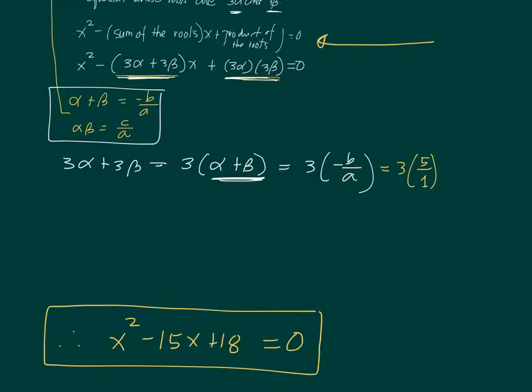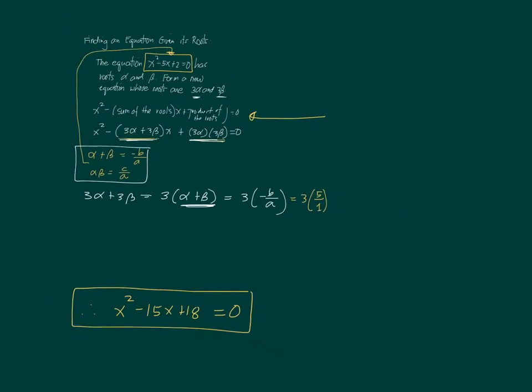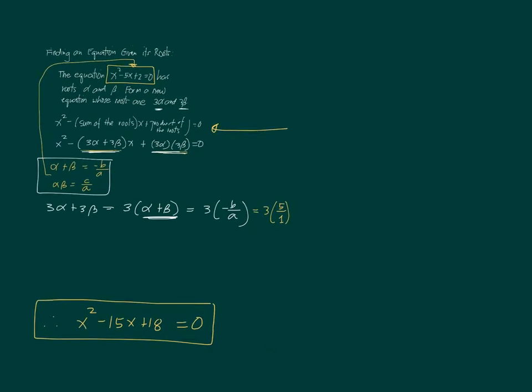Okay, so just to summarize, this problem will always be like this. There's an equation whose roots are alpha and beta, and you have to form a new equation from it, given another set of roots. In this case, we have 3 alpha and 3 beta. But always keep in mind that the equation is x squared minus the sum of the roots x plus the product of the roots equals 0.